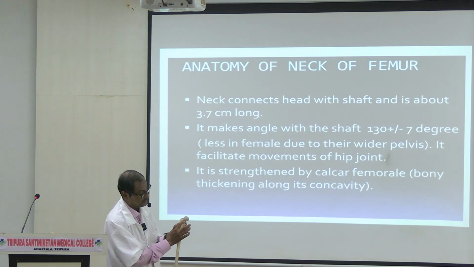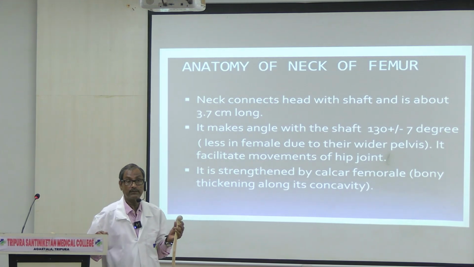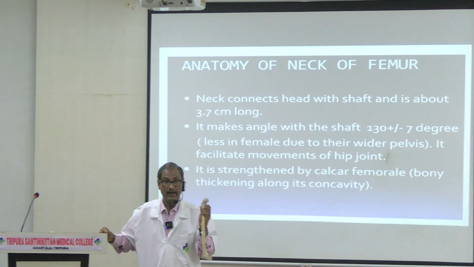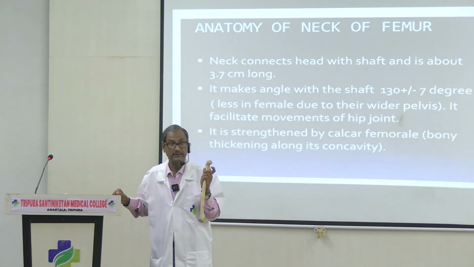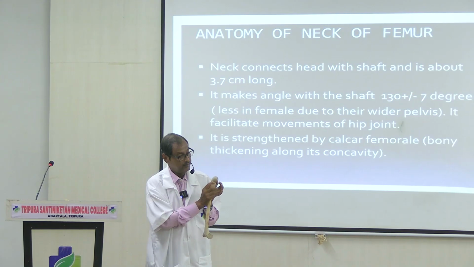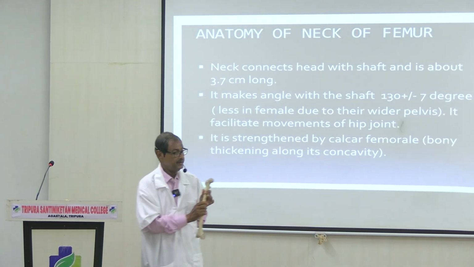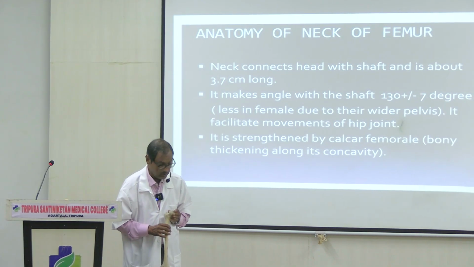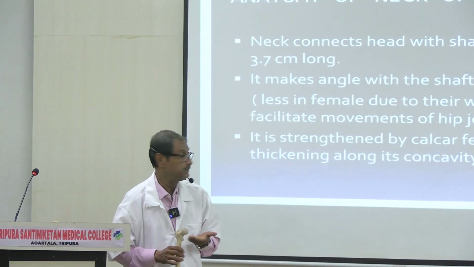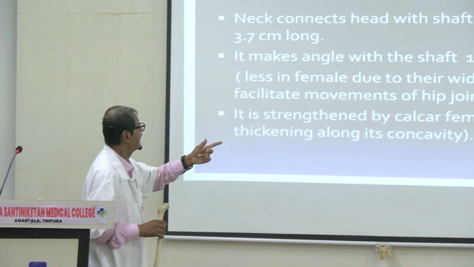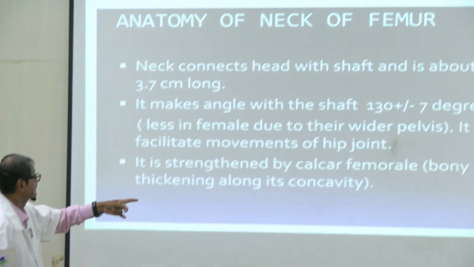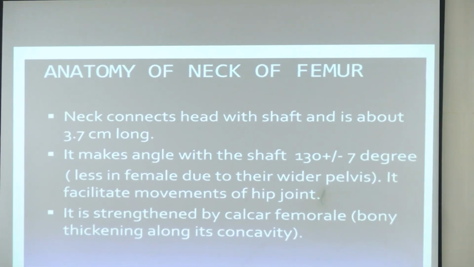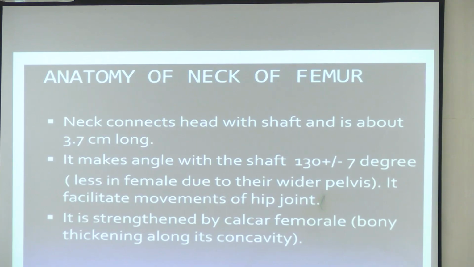This neck shaft angle is normally 127 to 135 degrees. It is anteriorly inclined, that is called the neck anteversion. It is strengthened by the calcar femorale, which is also anteriorly inclined.